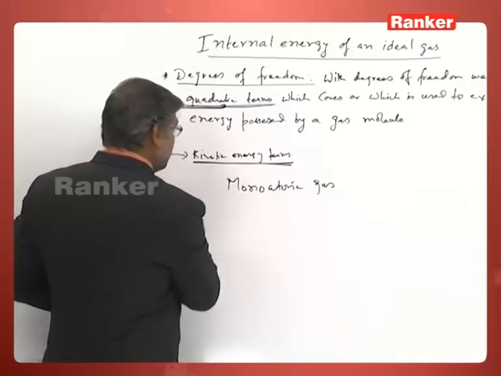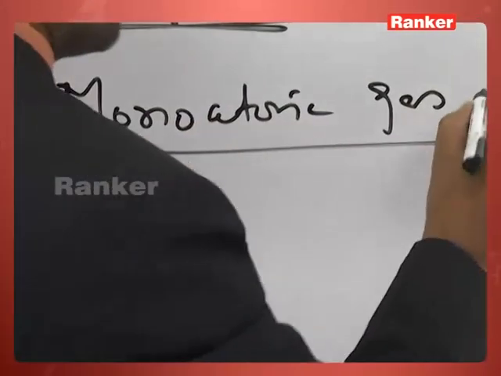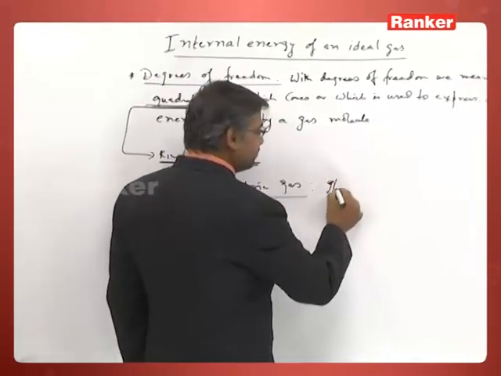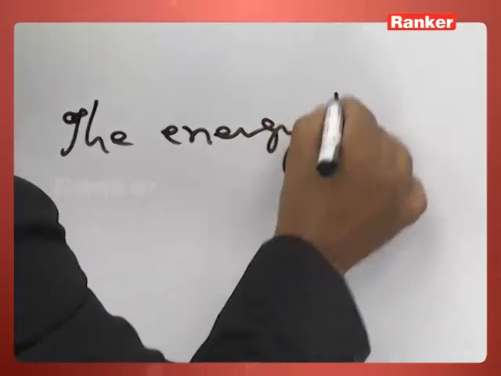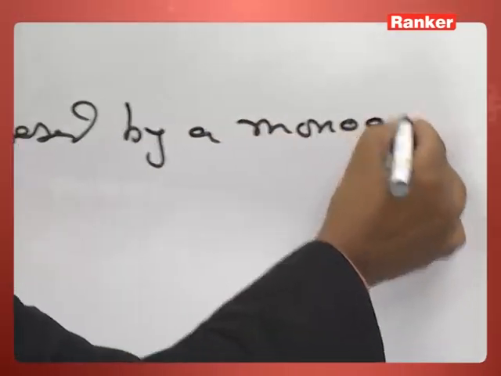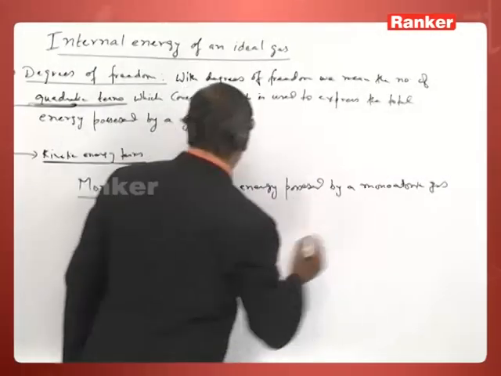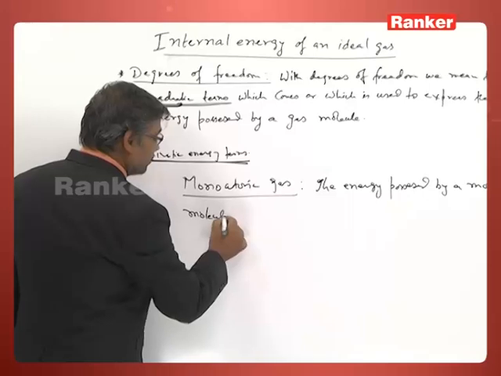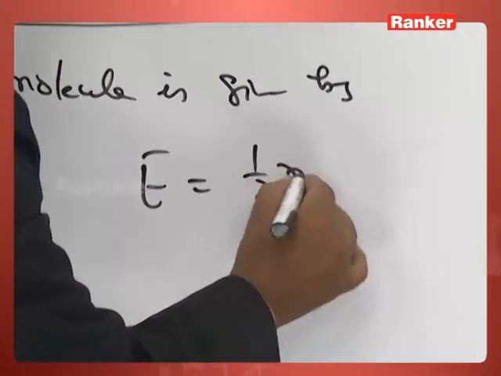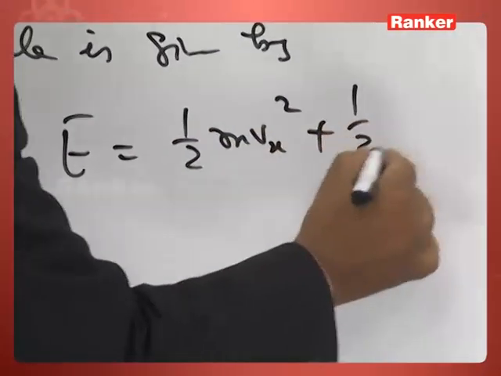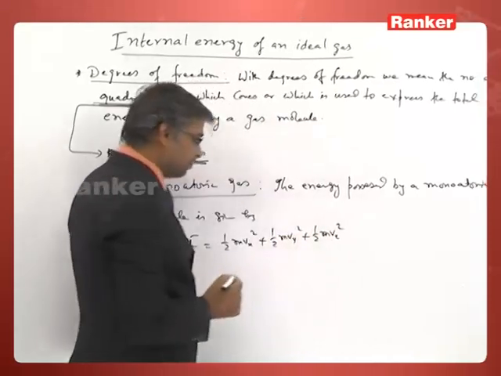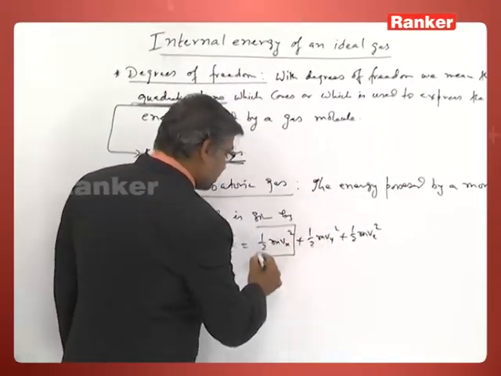So, the energy possessed by a monoatomic gas molecule is given by, we will write E as half mvx square plus half mvy square plus half mvz square. So, here we have three terms.